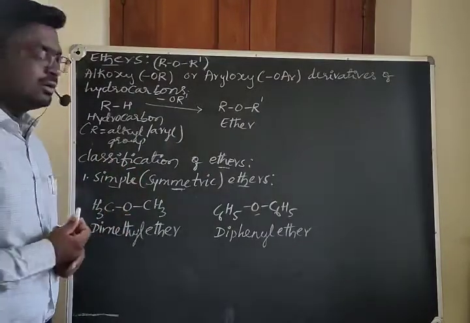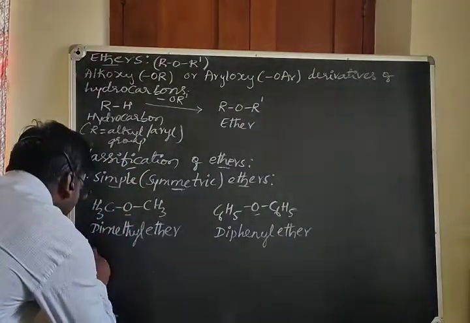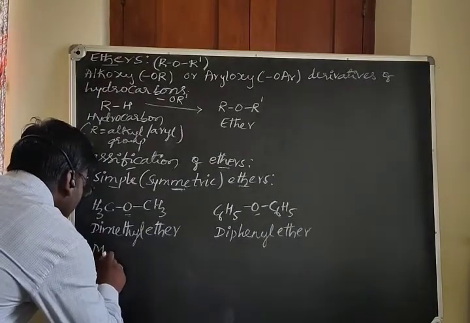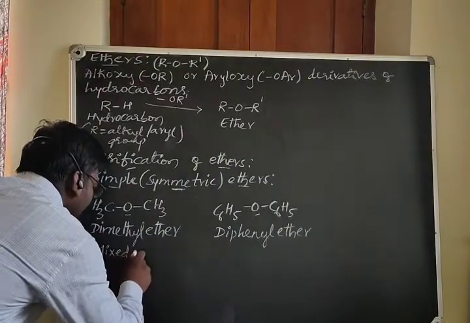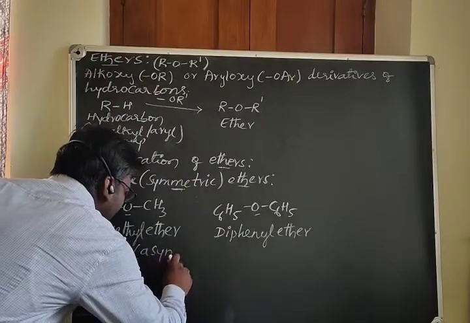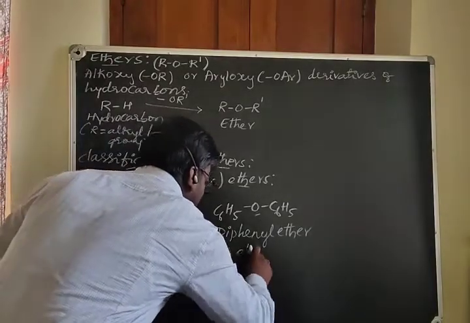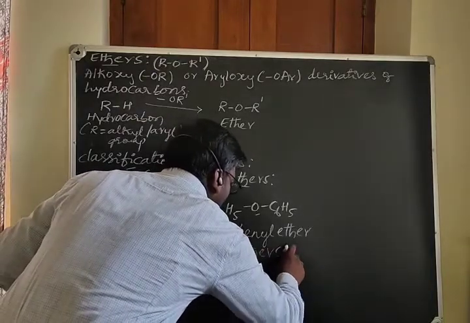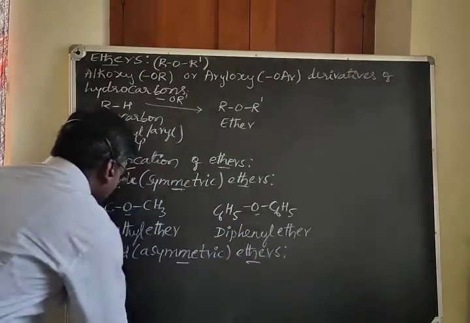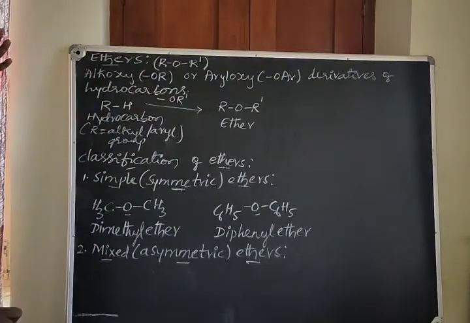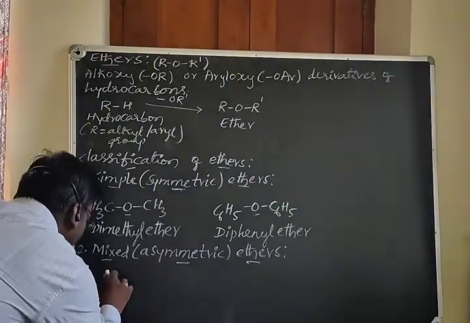Let us consider another type of classification of ethers, that is mixed or asymmetric ethers. It is also called unsymmetric ethers. Now let us consider the examples.